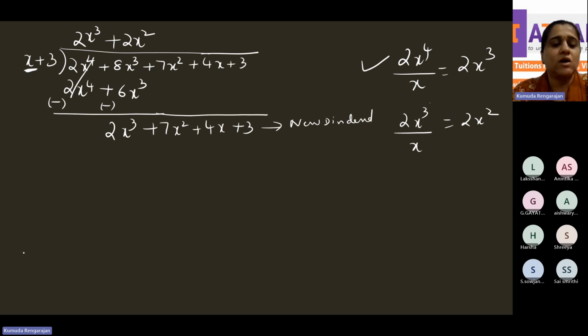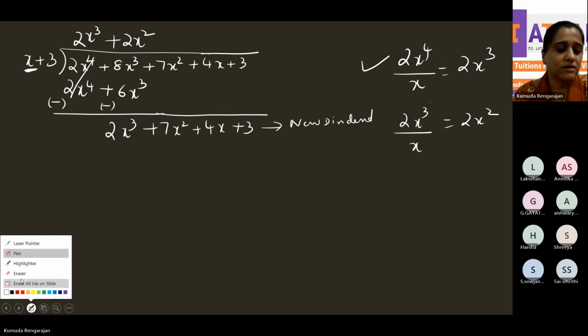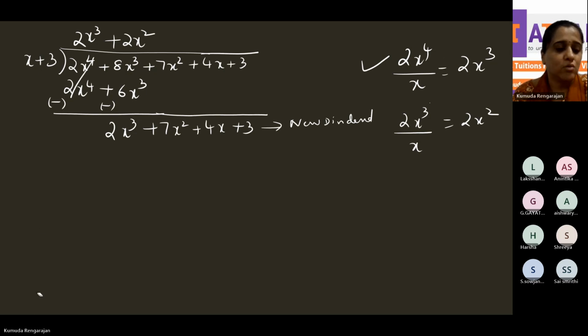Now multiply plus 2x squared with x plus 3. What is plus 2x squared into x? Plus 2x cubed, because x squared into x is 2 plus 1, add the powers, 3.